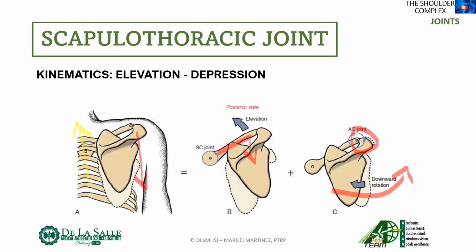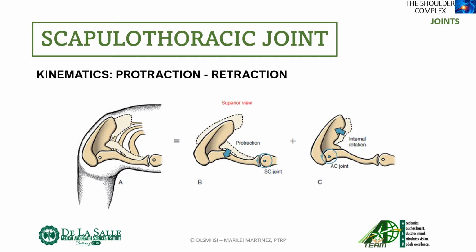This is posterior view, okay? Please don't be confused. For protraction and retraction, still it has to have movements in the SC joint and the AC joint. Okay? For protraction of the scapula to happen in the scapulothoracic joint, there should be protraction of the clavicle in the sternoclavicular joint and slight internal rotation of the scapula in the AC joint.